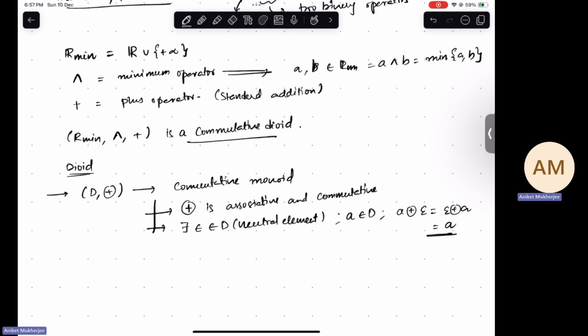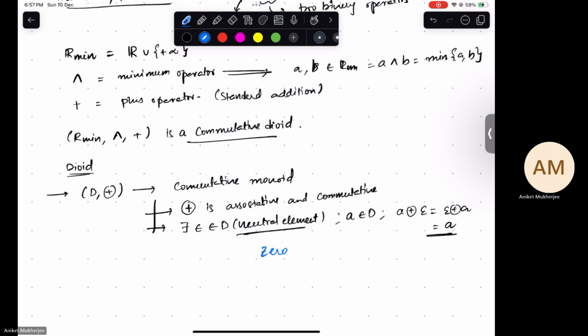Now for a dioid, we'll name this neutral element as the zero element. Intuitively, it is named the zero element because when you add something to it, it doesn't matter: 2 plus 0 is 2.